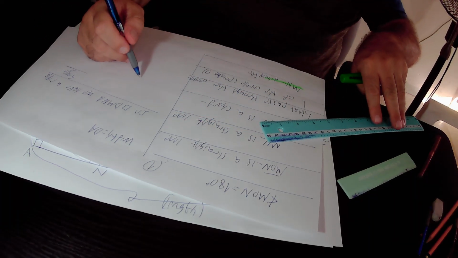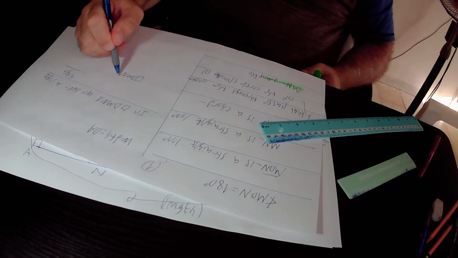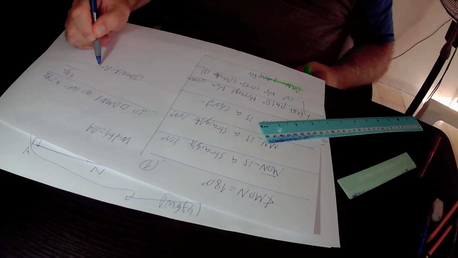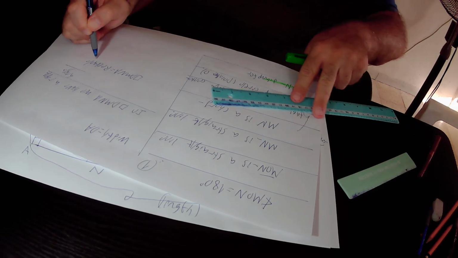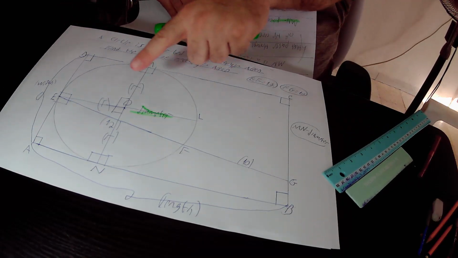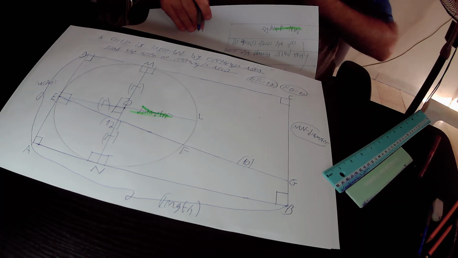So we will let quadrilateral DMNA be a rectangle because it has 4 right angles. So the big quadrilateral DMNA is a rectangle according to rule 5.